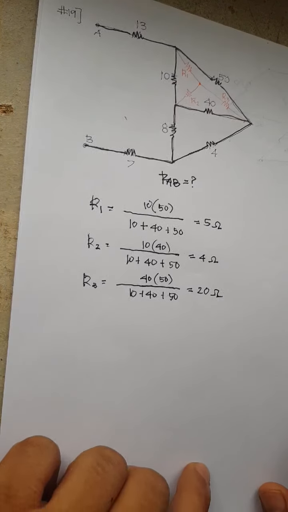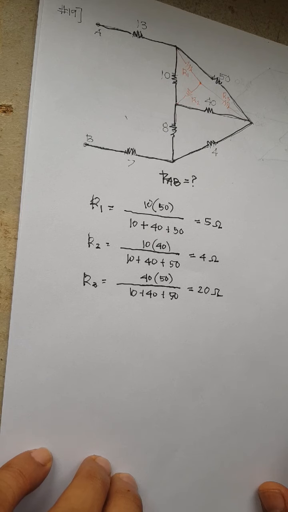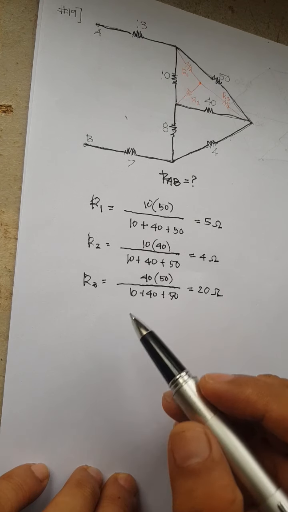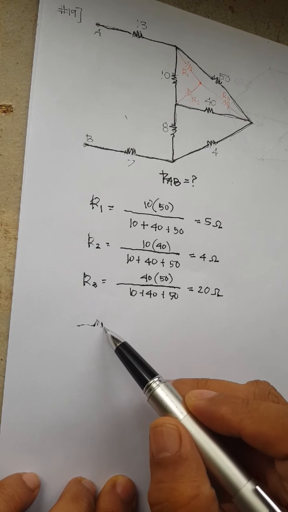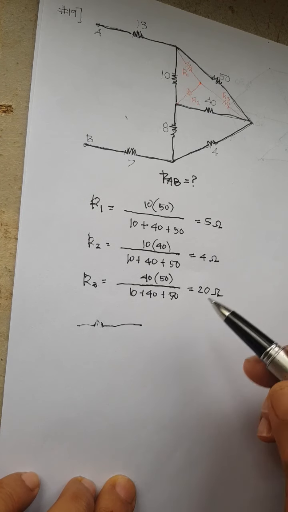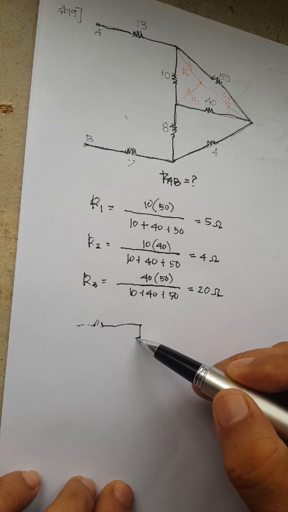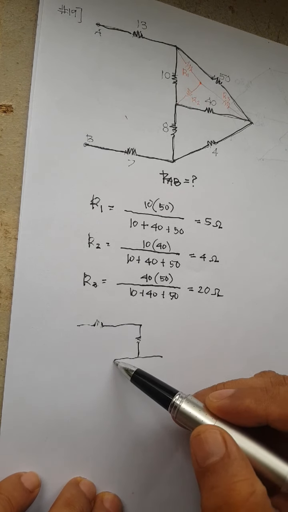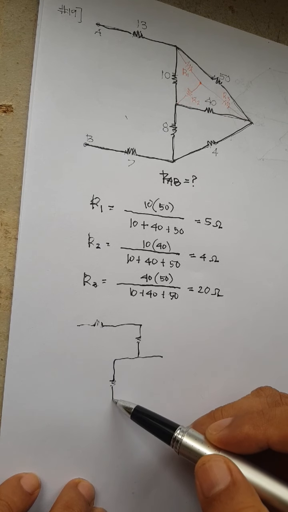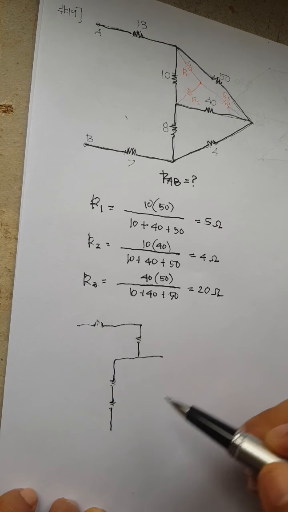Now we can redraw our circuit already. So this is our 13, and then we have now our R1, and then our R2, and our R2 is in series with our 8.